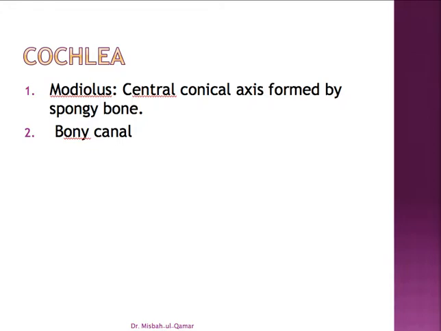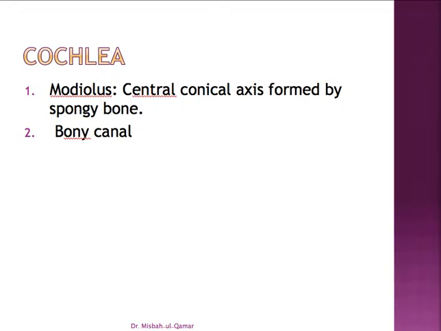So modiolus basically is forming the central axis around which the bony canal winds. Now there is another feature: a bony, or you can say osseous, spiral lamina projects from the modiolus into the canal, right?